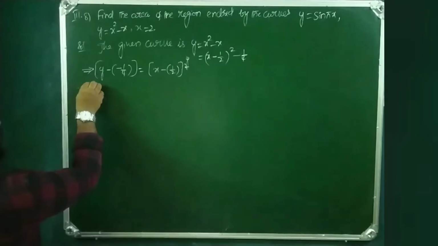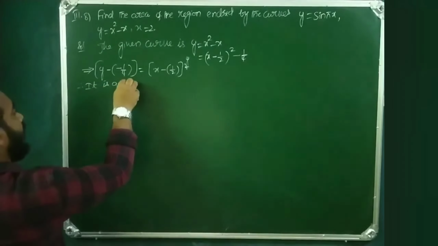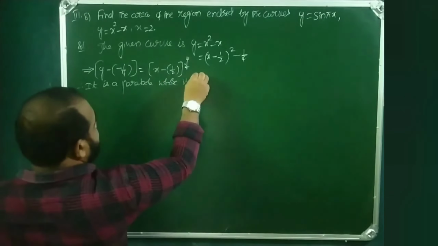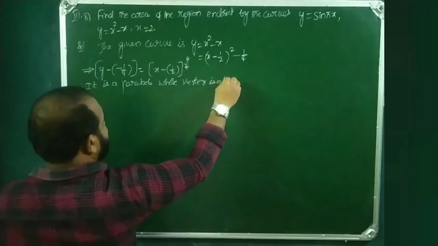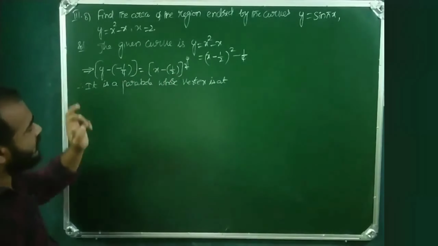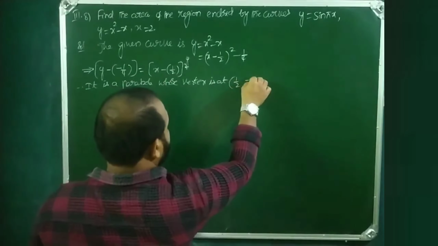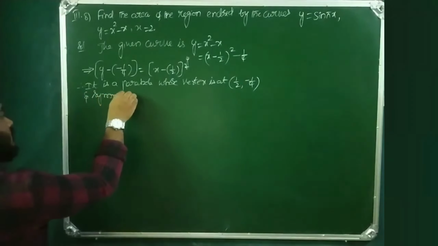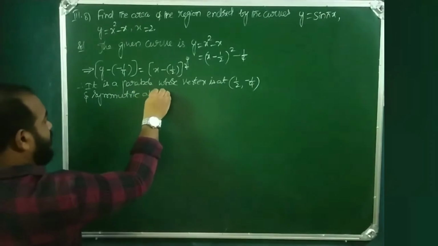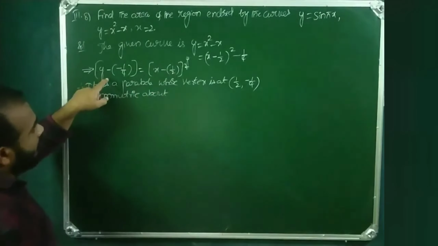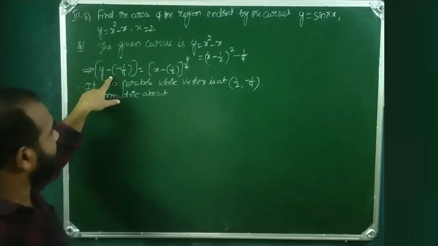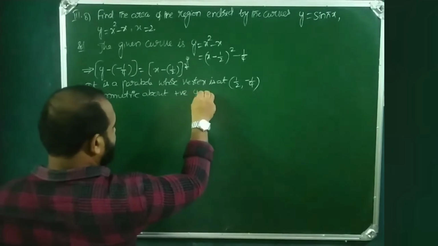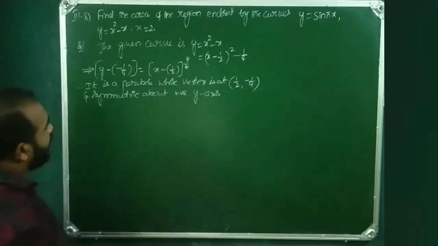Therefore, it is a parabola whose vertex is at 1 by 2 comma minus 1 by 4 and symmetric about the positive y axis.